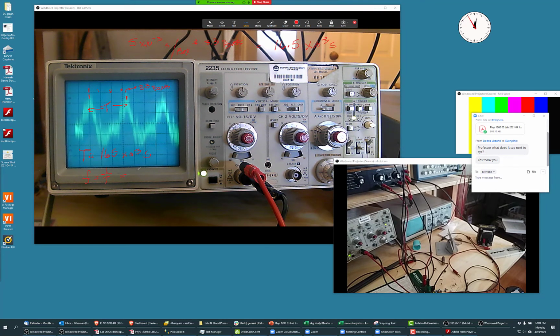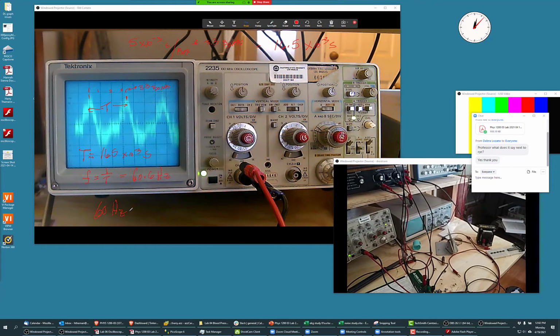And I get 60.6 hertz. Well, and the house is at 60 hertz, lo and behold. So 60 hertz noise, that's everywhere, unfortunately.